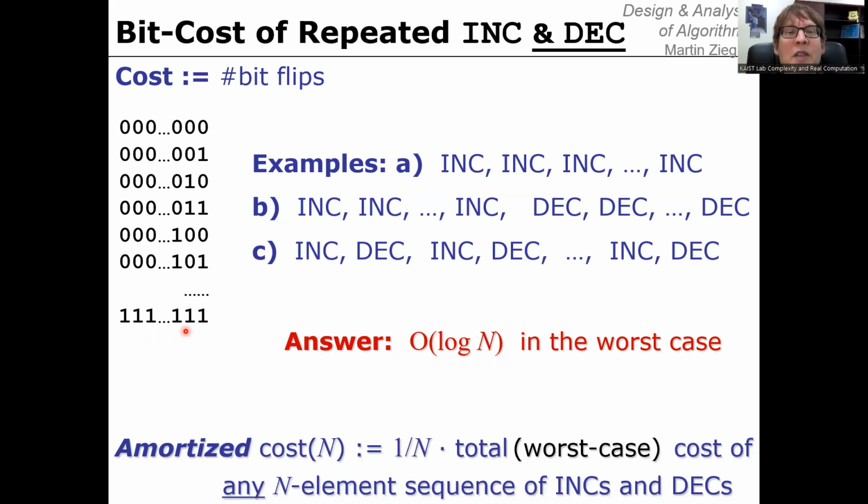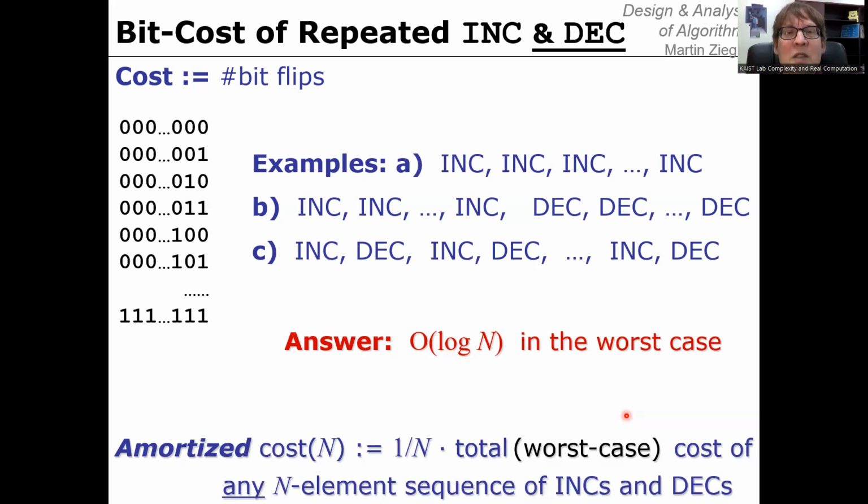So after the initial counting up to that bad value, every single alternating increment, decrement flips all bits, and that's going to dominate asymptotically the amortized cost.